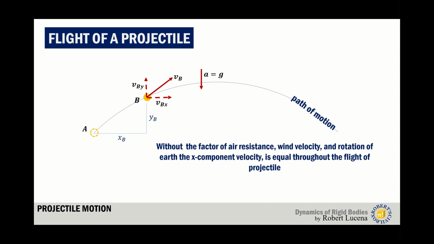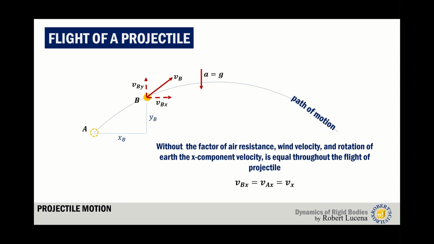Without the factor of air resistance, wind velocity, and rotation of the Earth, the x component velocity is equal throughout the flight of the projectile. So the x component velocity at point A is also equal to the x component of the velocity at point B. We can say that VBX is equal to VAX, and that is termed simply Vx.